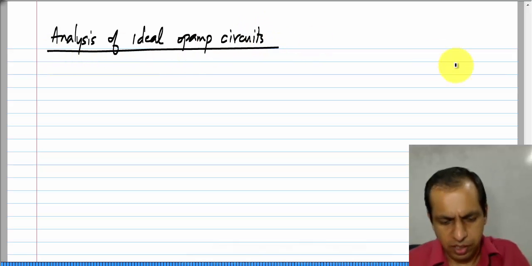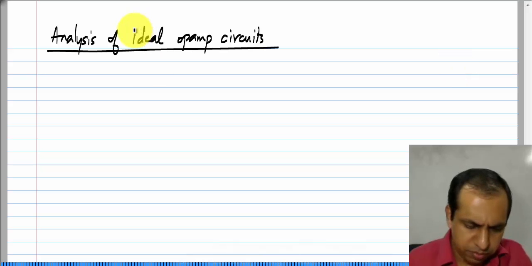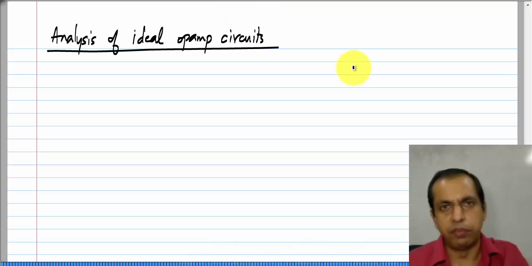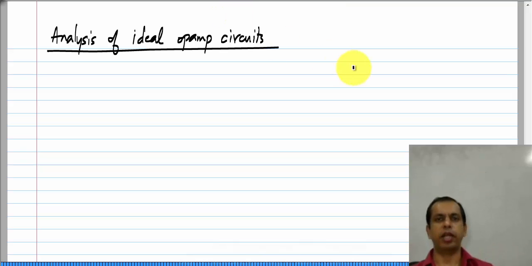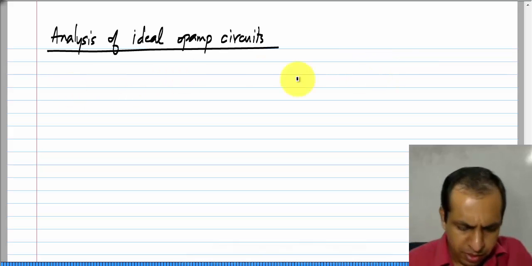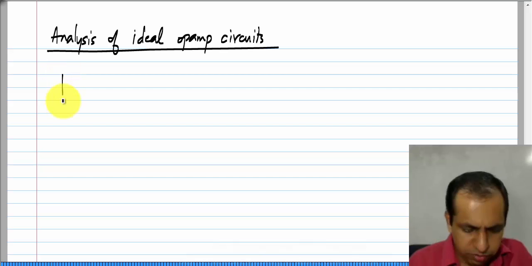Now, as far as analysis of ideal op amp circuits is concerned, we cannot use the previous approach, because for an ideal op amp the gain A naught is infinite. If we have a multiplying factor which is infinite, we can't write legitimate equations. So, what we do then is the following.